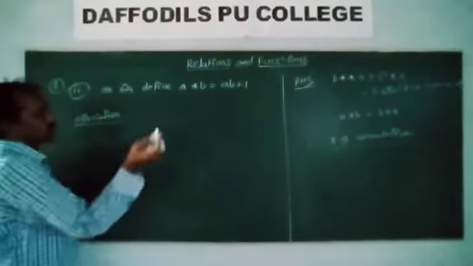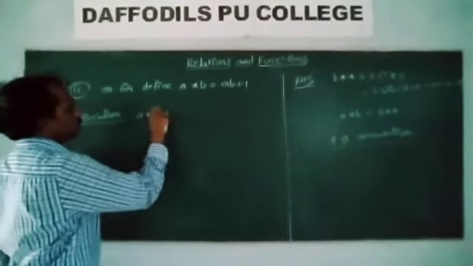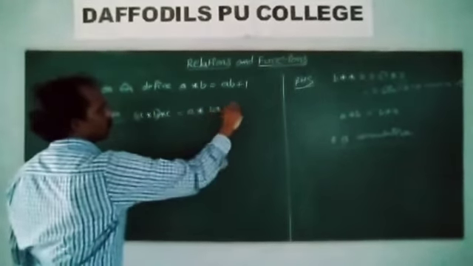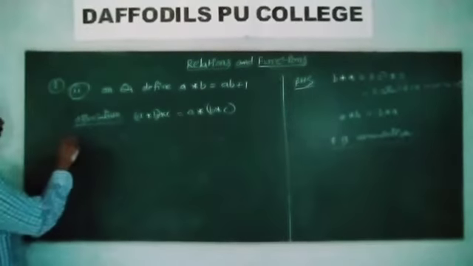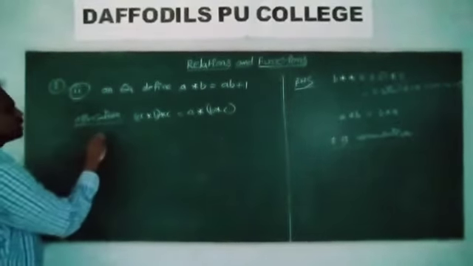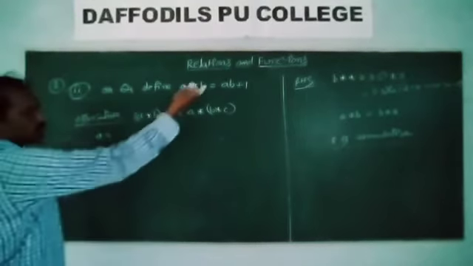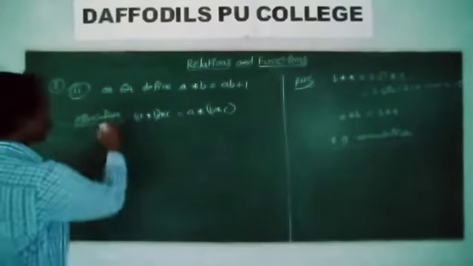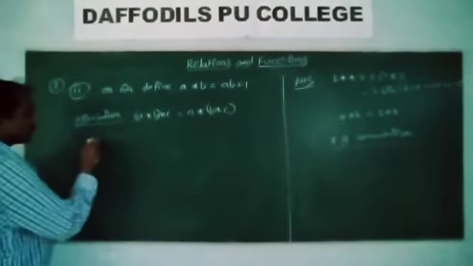Associative. What is associative? Consider 3 numbers. A star B, of star C, is equal to A star of B star C. That is the proof. So suppose we take LHS. Consider examples, or else the proof can also be done directly with numbers. First of all, let's take examples.